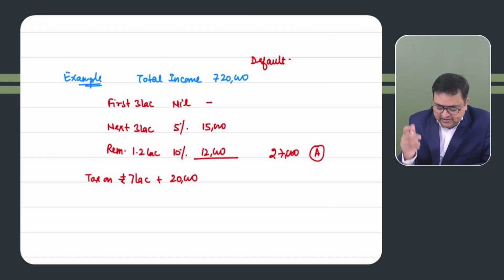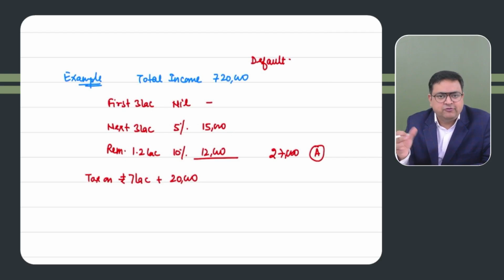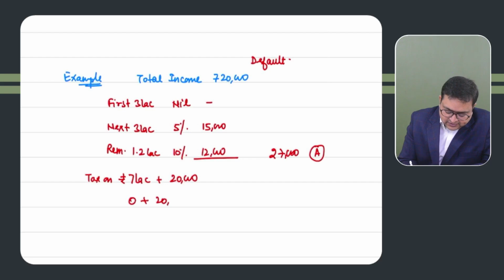Because on 7 lakh, the tax rate is on first 3 lakh nil, on next 3 lakh 5% is 15,000, on next 1 lakh it would be 10,000, total 25,000, and there would be rebate available. So tax on 7 lakh would be zero. Okay. So tax on 7 lakh would be zero plus 20,000. So this is equal to 20,000.